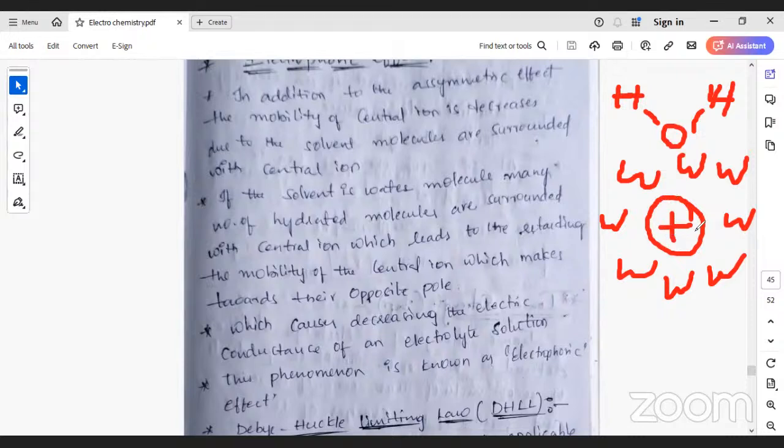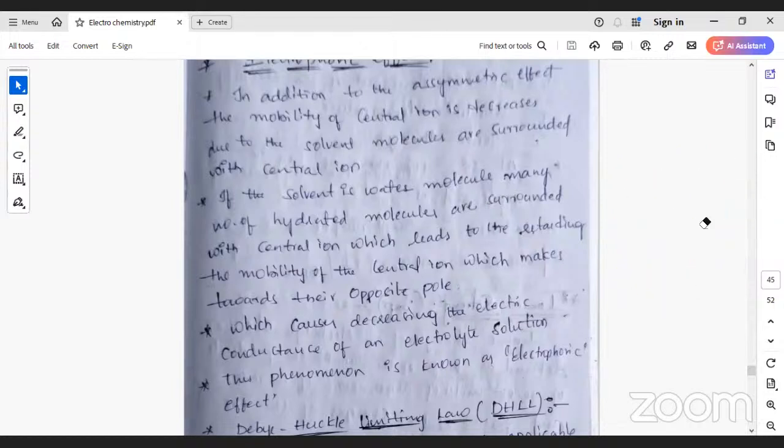Due to this, many water molecules deposit on the central ion, so the mobility of that central ion decreases. Therefore, the electrical conductance also decreases. These two effects, the asymmetric effect and the electrophoretic effect, explain the retarding of mobility and the decrease in electrical conductivity of electrolyte solutions.